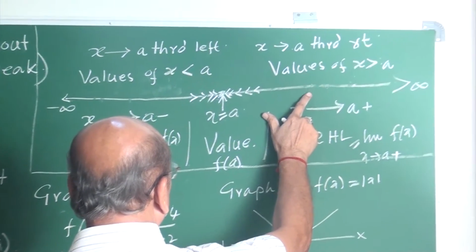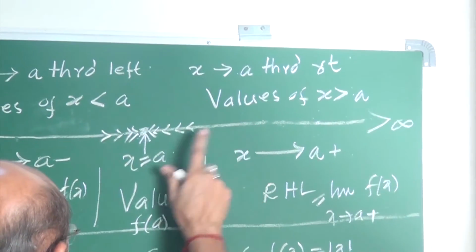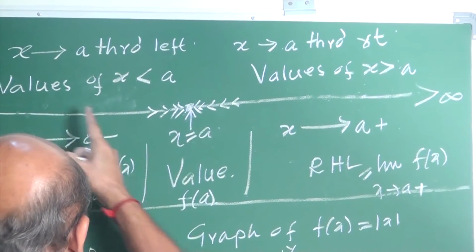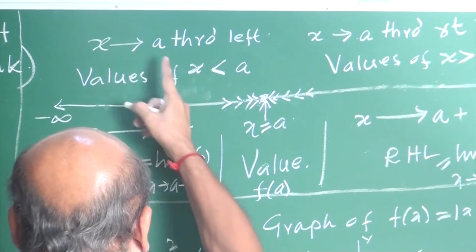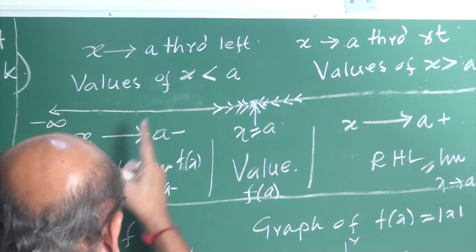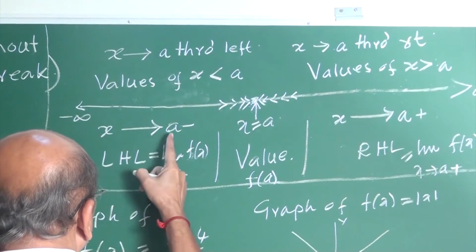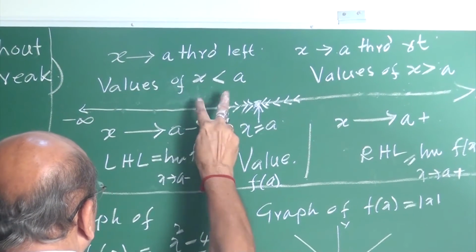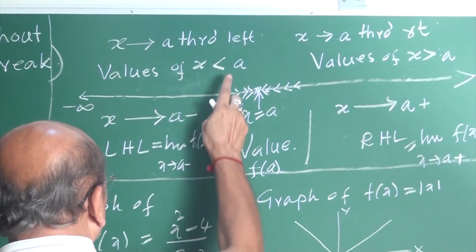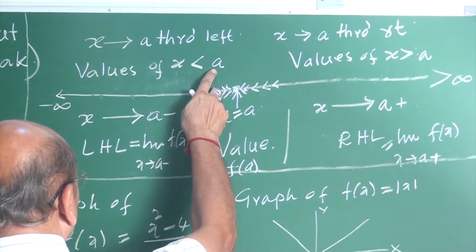This plays a very important role, my friends. Values of x less than a, we say x tends to a through left, denoted by x tends to a minus. A minus means these are the values less than a. This minus denotes something little less.